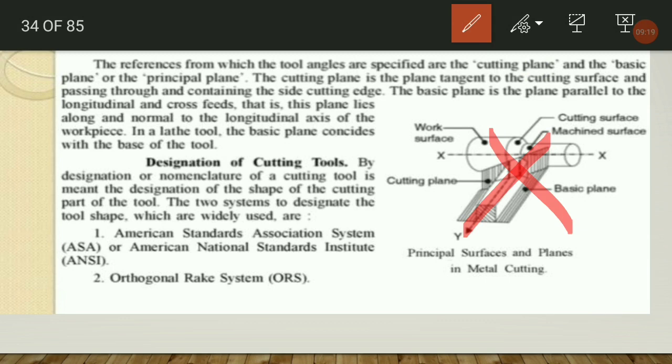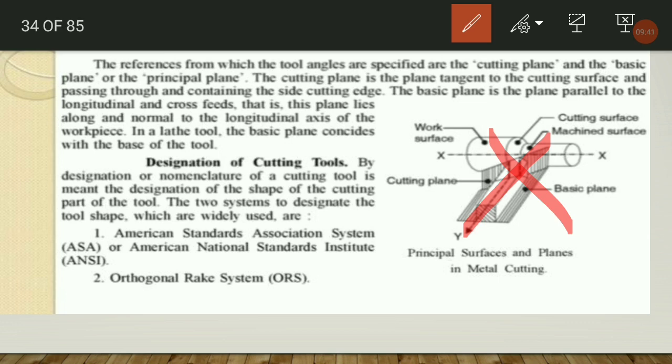The main advantage of the system is the ability to set the angles on a tool and cutter grinder for grinding the tool angles. However, a tool cannot be ground accurately to the back rake and side rake without using equations or curves.